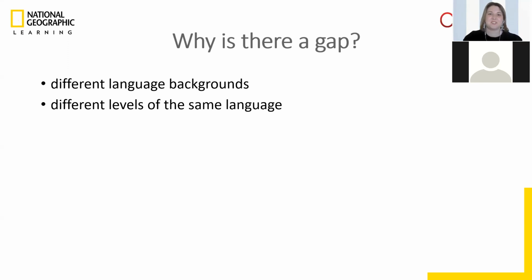Because at least they will need to use different strategies to sound clear and to be understood. And also I will need to make an effort to share my ideas and to communicate my ideas in a clear way.